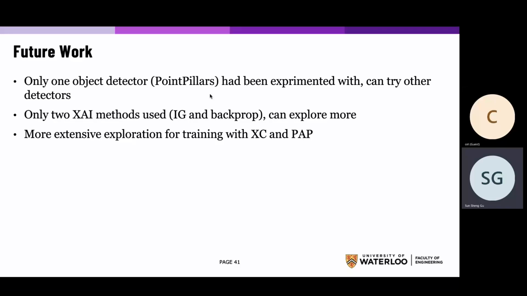But it would be nice to see if the benefit offered by XC or PAP is present for other object detectors as well. And of course, we could explore more XAI methods too. And of course, more extensive exploration is required for training object detectors with XC and PAP. We had only gathered some early results. We don't think we can draw very concrete conclusions yet.